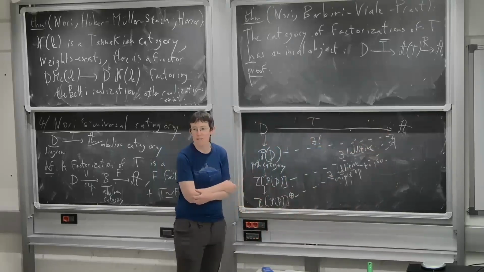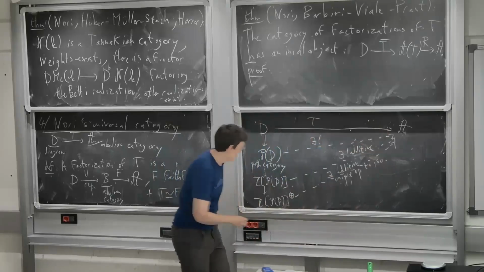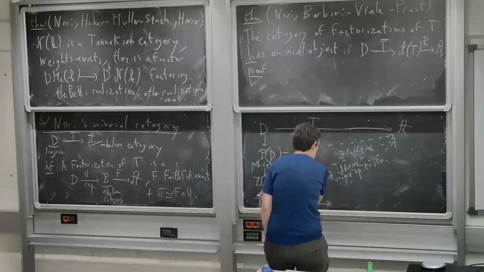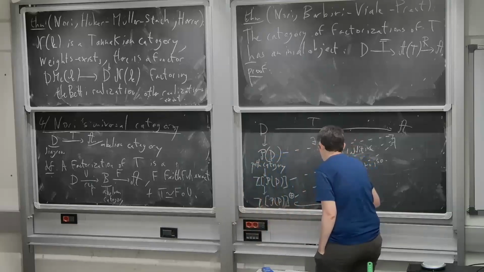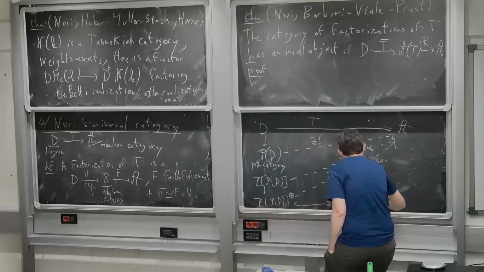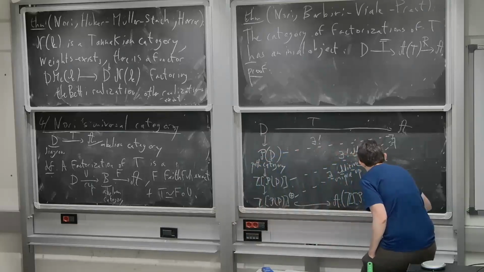Now you want to make it into an abelian category. So you take the abelian envelope, the free abelian envelope.